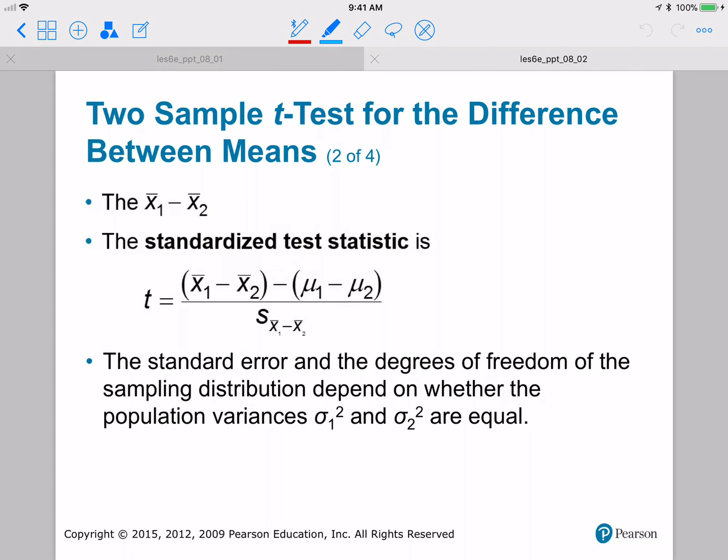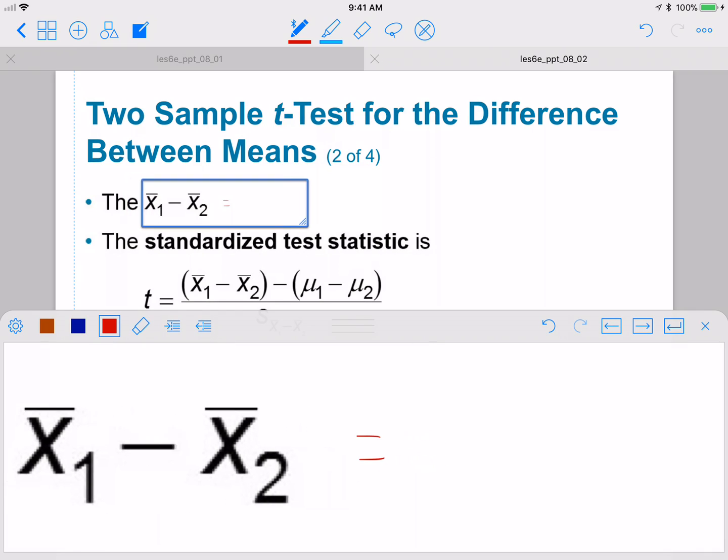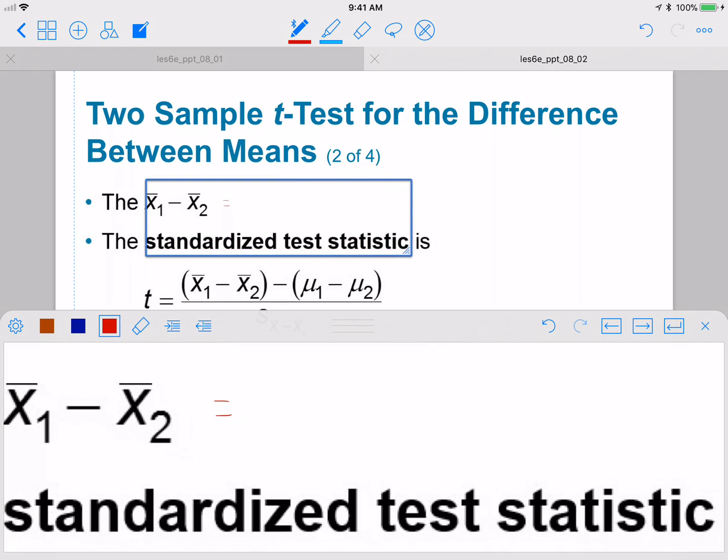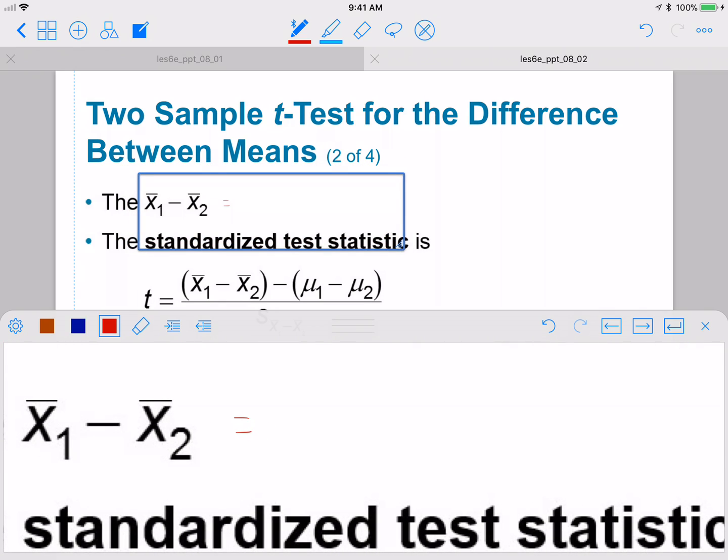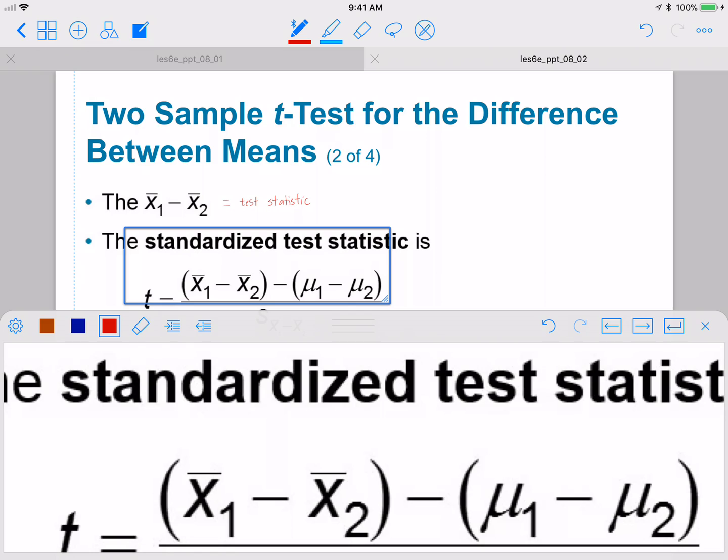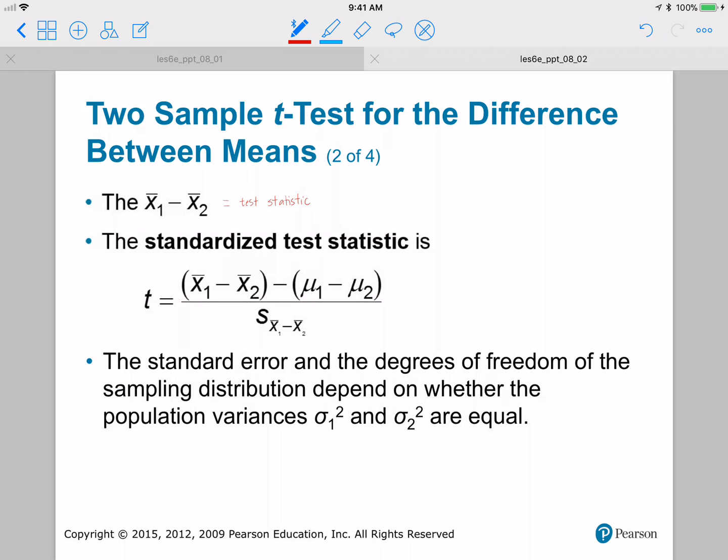Our standardized test statistic, we still have the same test statistic. x1 bar minus x2 bar is our test statistic. The standardized test statistic, of course, is taking the z-score of the test statistic.